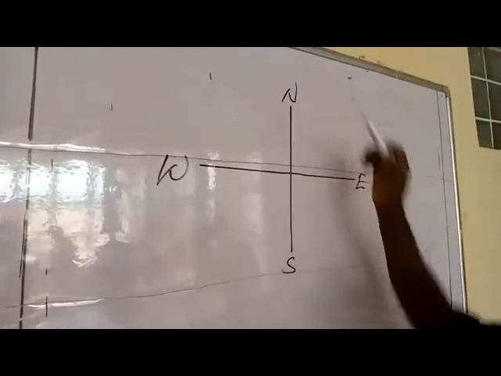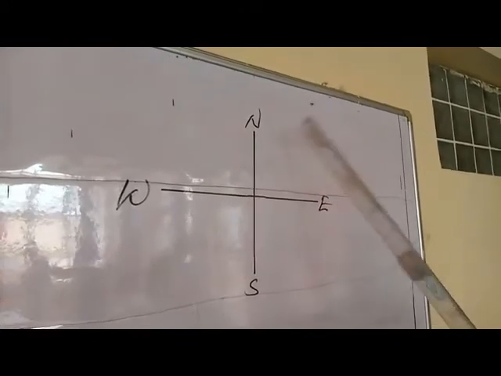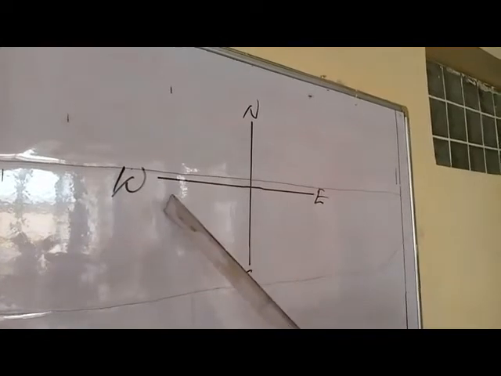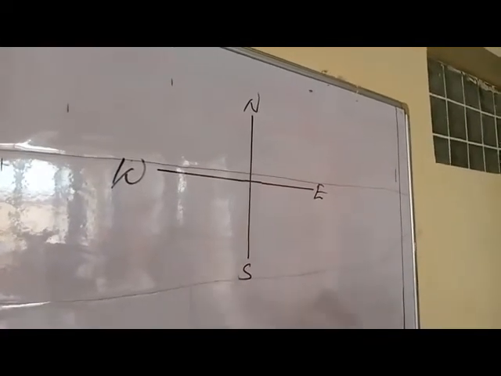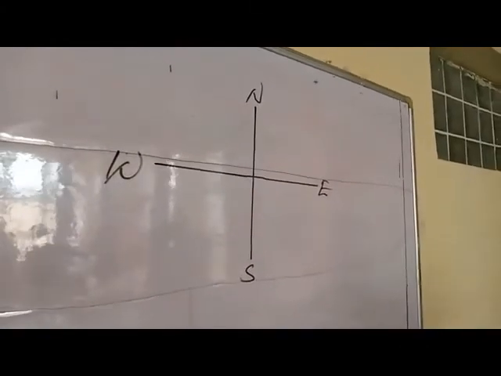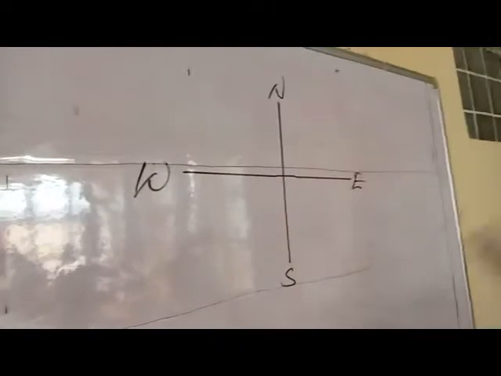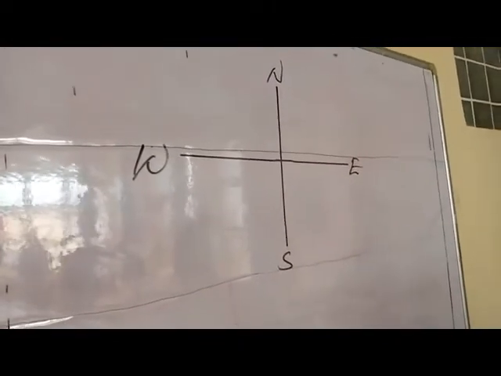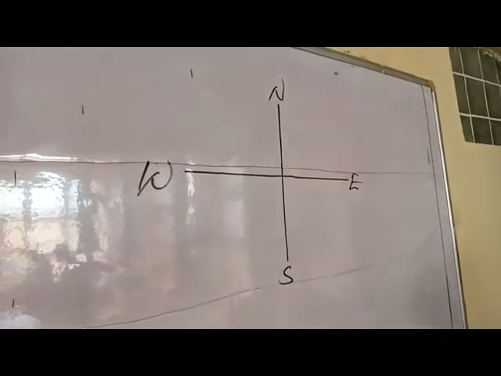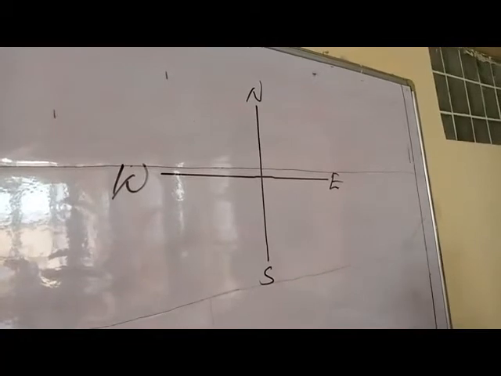This N stands for north, S stands for south, W for west, E for east. And by this, we are saying that for us to determine the direction of a particular place from one location to another, we must go by cardinal points.